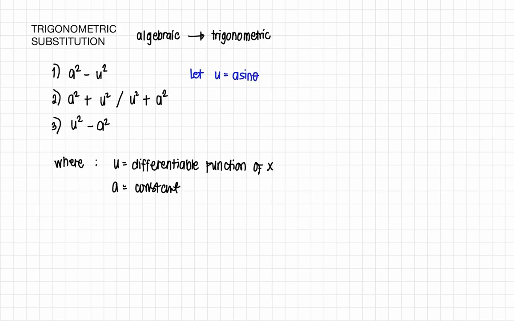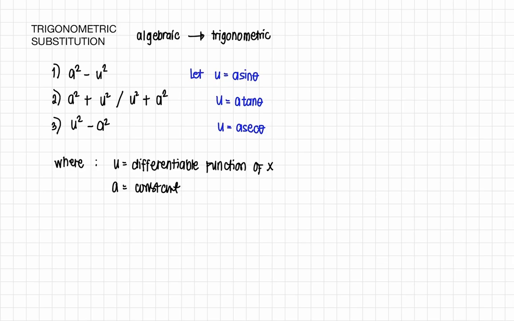If we see the pattern a squared plus u squared or u squared plus a squared, then we let u equals a tangent of theta. But if we see u squared minus a squared, then we let u equals a secant of theta.